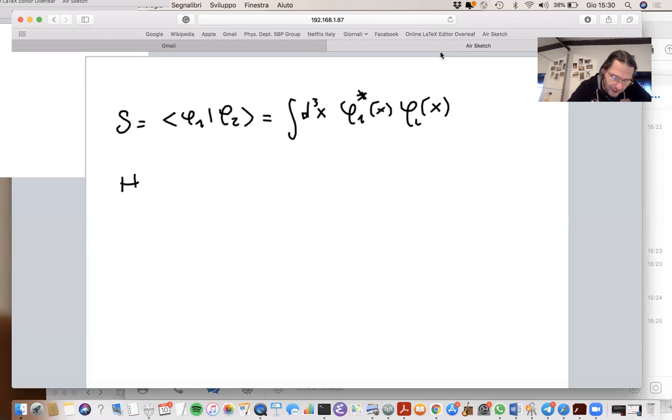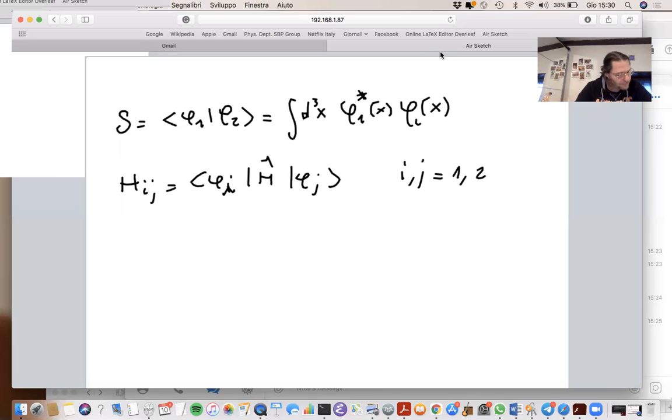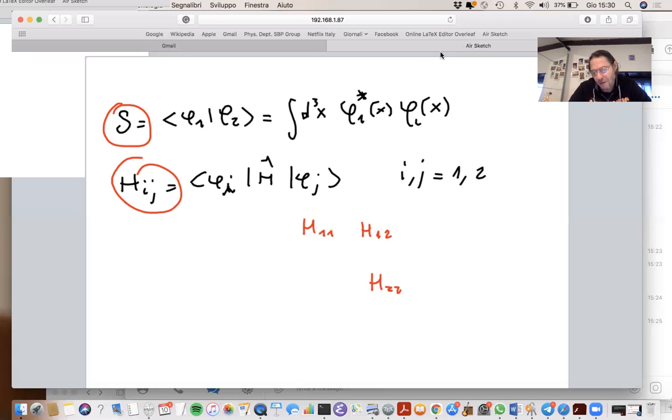Well, H_ij is going to be phi i H phi j, where i and j go from 1 to 2. Now, in the following, I will assume that all these integrals, these are basically 4 independent integrals, because I have two independent diagonals, one independent off-diagonal term for the Hamiltonian.